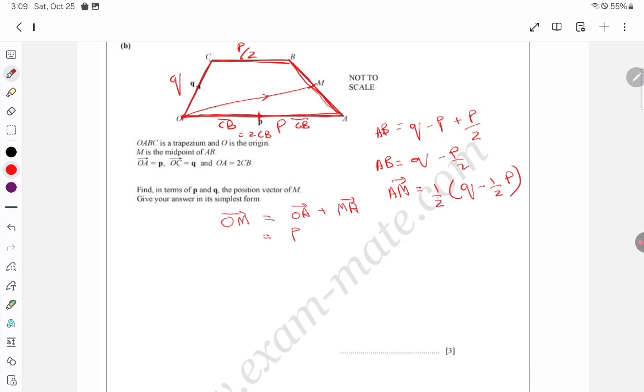Now put the values of AM in the equation. Half Q minus half P, and by solving it will become 3 over 4 P plus half Q.